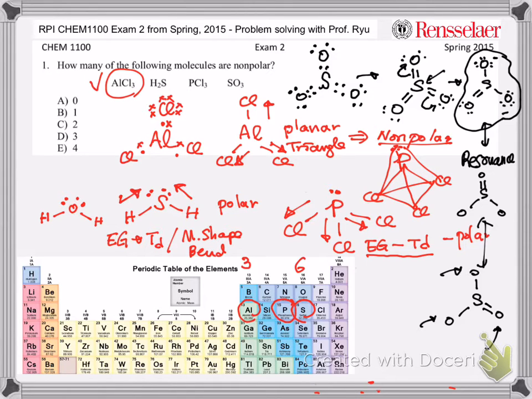In terms of electronegativity, oxygen is more electronegative, but they are pulled in a symmetric way, so this is nonpolar as well. This is a quite loaded question, and this is another nonpolar. So how many do you have? 1 and 2. The answer is 2.